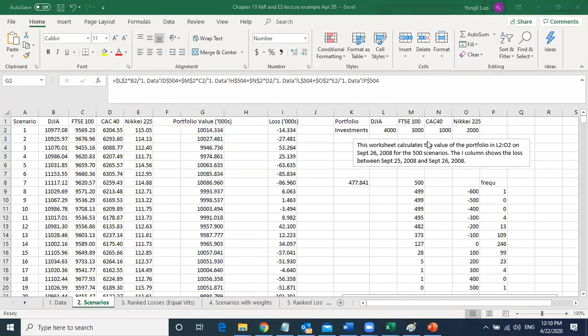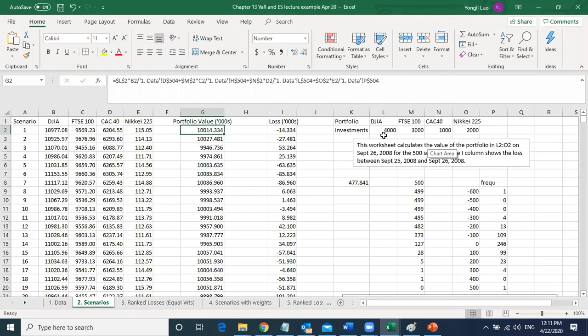You invest in these 4 different indices. So what will be the value of your portfolio? How do you calculate the portfolio value?